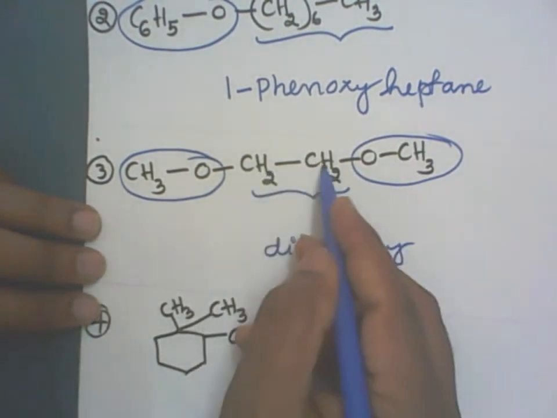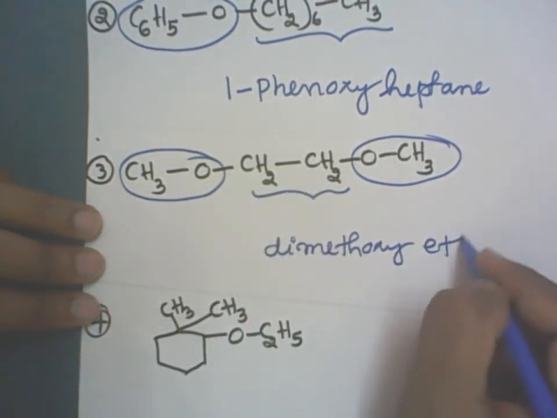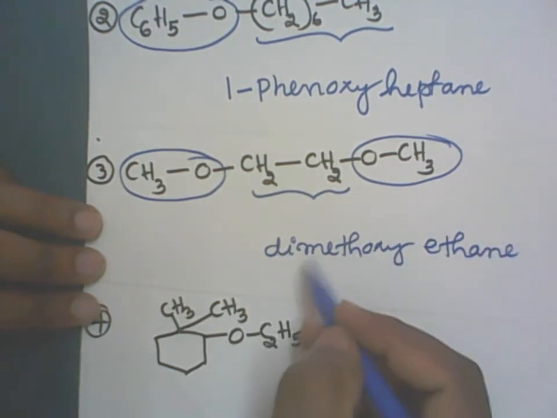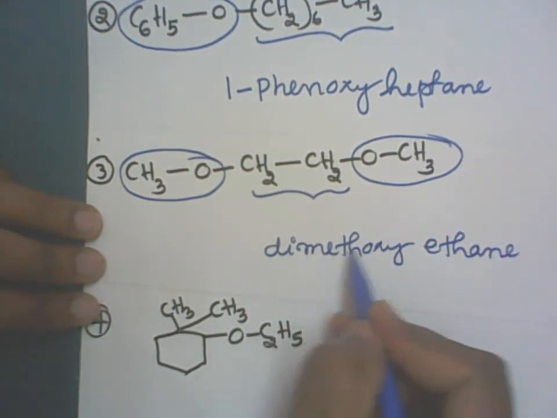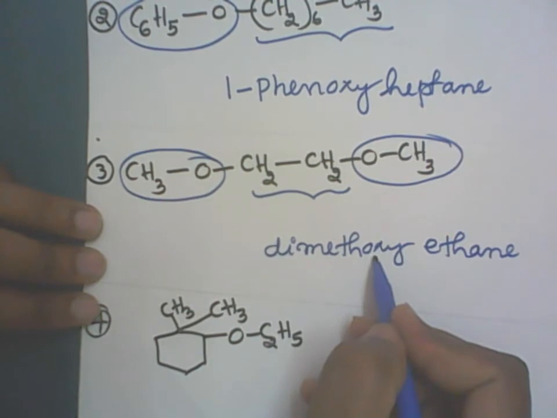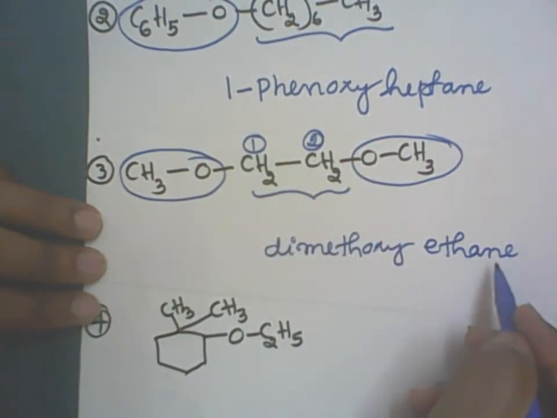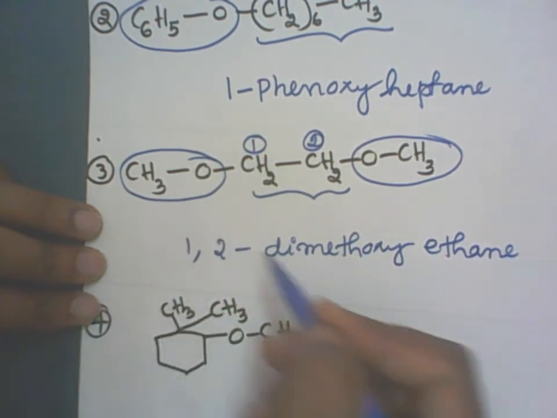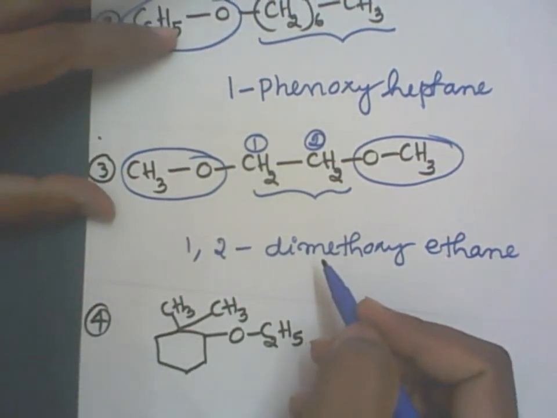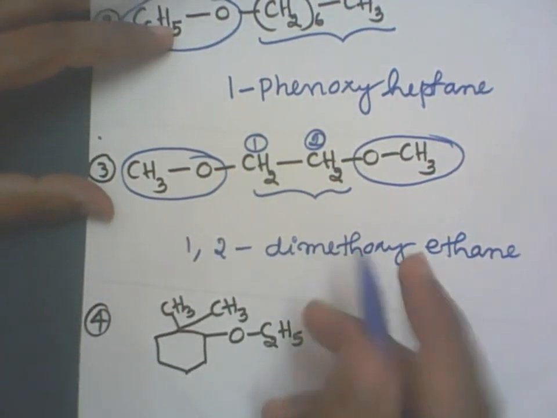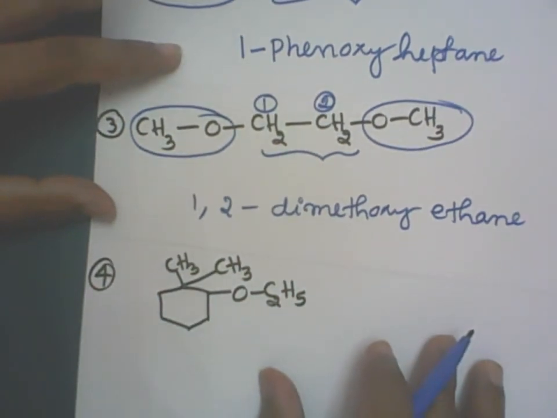And what is the main group now? The main hydrocarbon is ethane, dimethoxy ethane. Are both methoxy groups on the same carbon atom? No. This is carbon number 1 and this is carbon number 2 of the ethane. So it is 1,2-dimethoxy ethane. Clear?